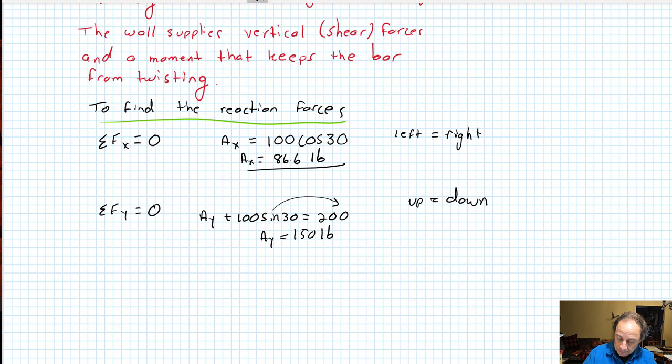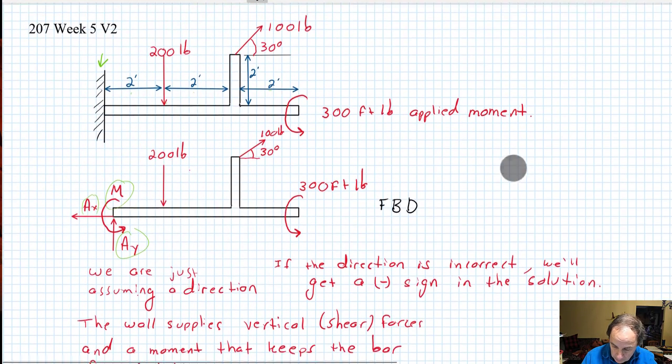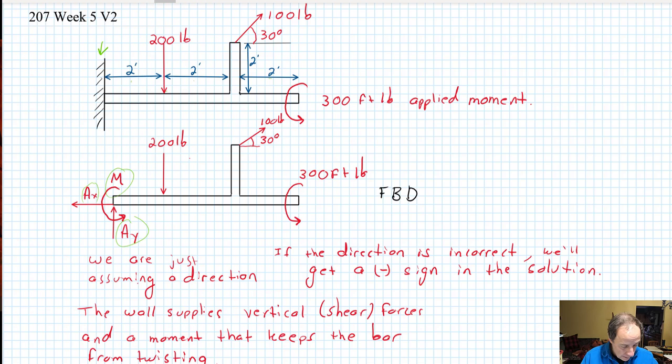Now, to find that moment, we take the sum of the moments about point A. I didn't put that here, but this is going to be our point A. Now this is important.